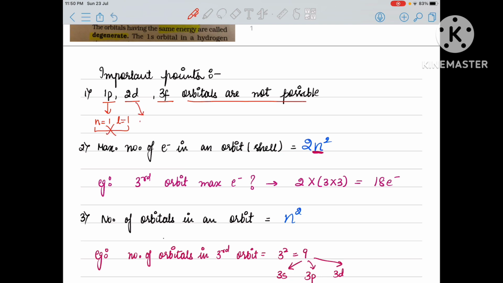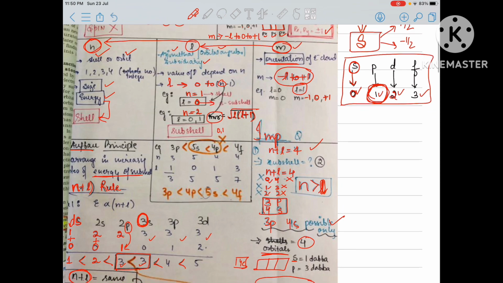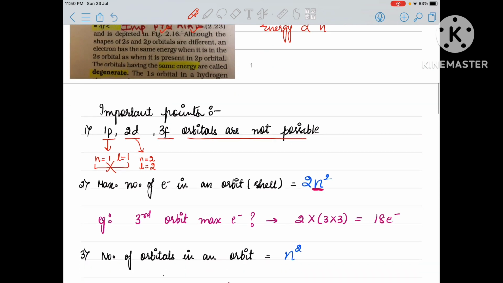Moving on, the value of n for 2d is 2, and l for d is again 2, so again it is not possible. For 3f, n is 3 and l is also 3, again not possible. So these orbitals are not possible.